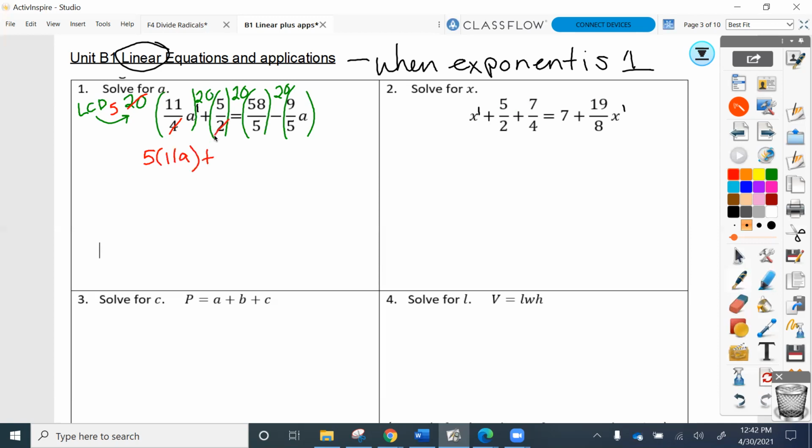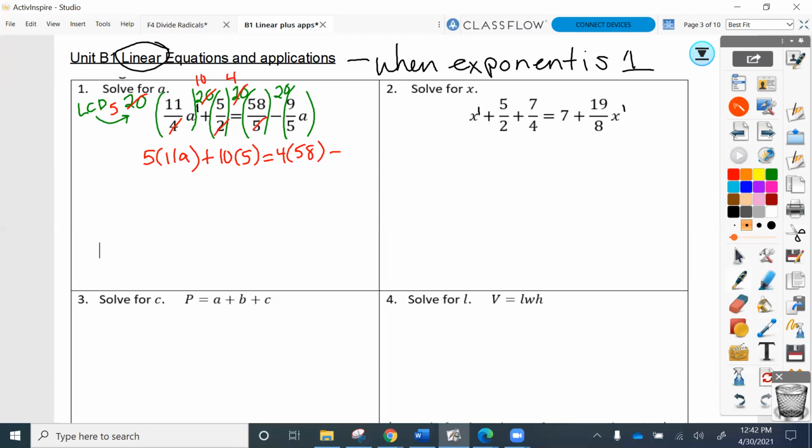2 goes into 2 once, 2 goes into 20 10 times. 10 times 5 is what you have left. 5 goes into 5 once, 5 goes into 20 4 times. 4 times 58 is 232. Oh, actually, let me write what I'm doing there. I'm doing 4 times 58.